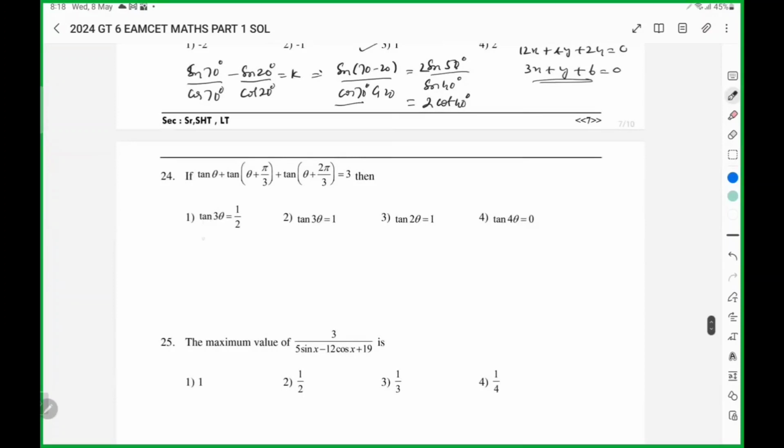Here tan a, this whole thing if you simplify, 3 tan 3 theta you get, which is 3. So the answer is tan 3 theta is 1.